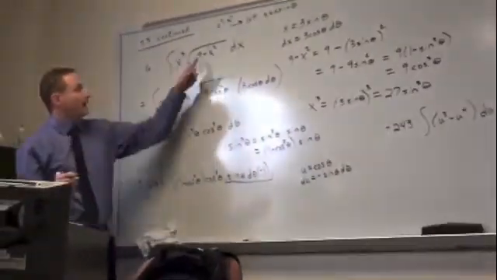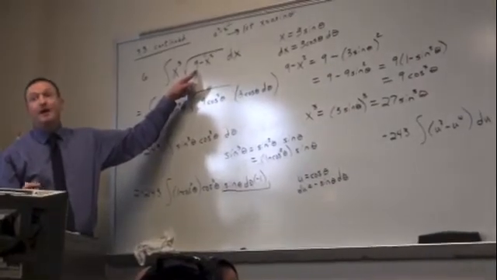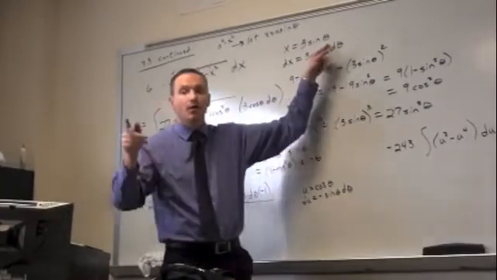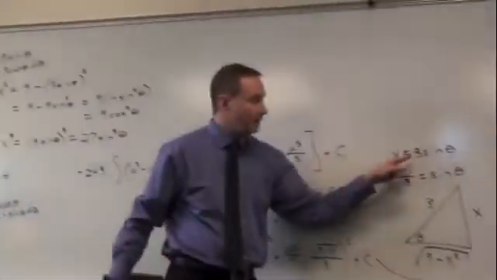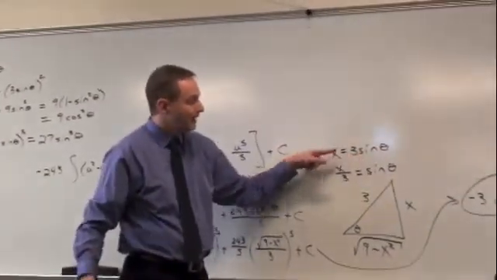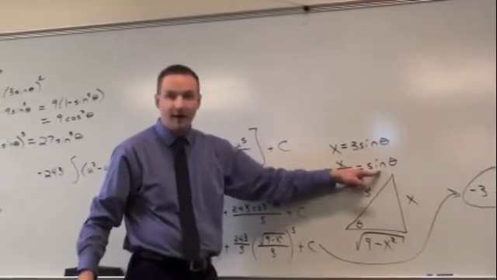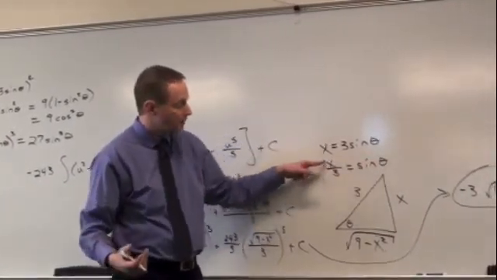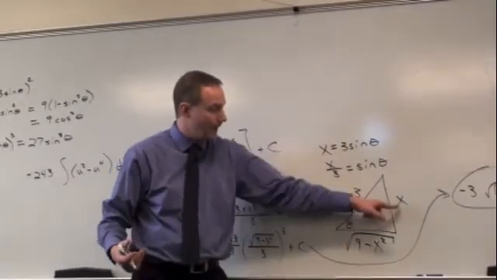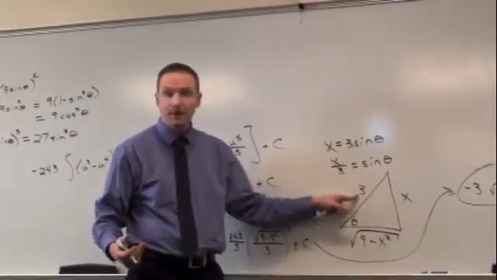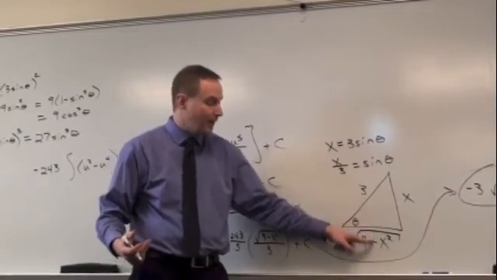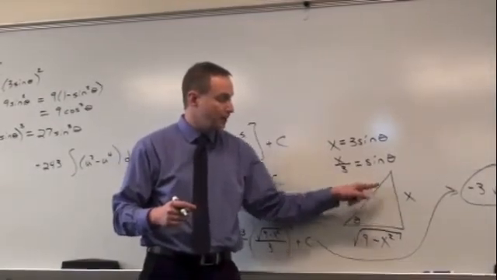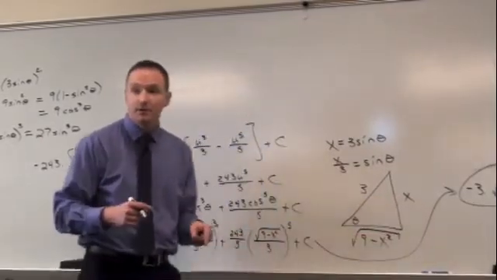So I said, I know a squared is 9, a is 3, so x had to be 3 sine theta. Once I get that, if x is 3 sine theta, x divided by 3 is the sine of theta. Then I say sine is opposite over hypotenuse, so opposite theta had to be x, hypotenuse had to be 3. And then the other leg is always the square root of the hypotenuse squared minus that leg squared.